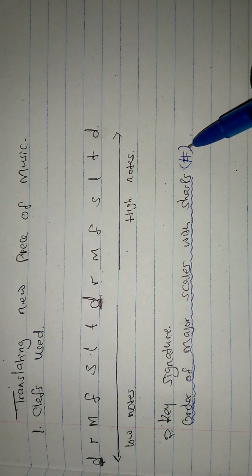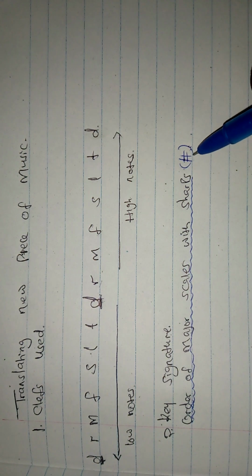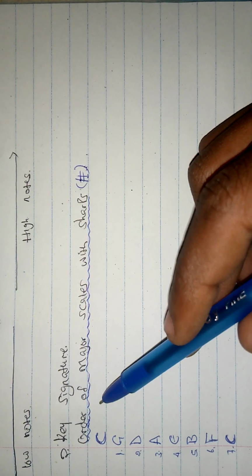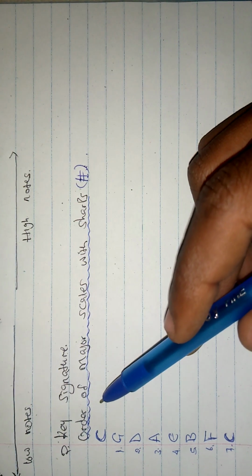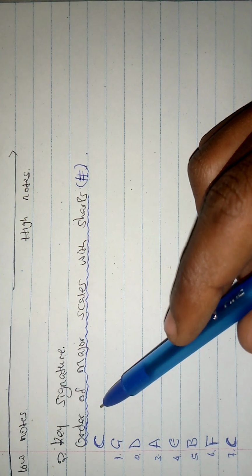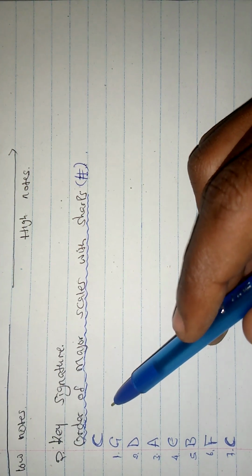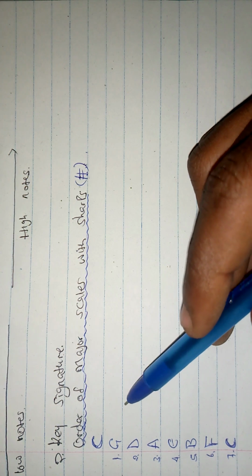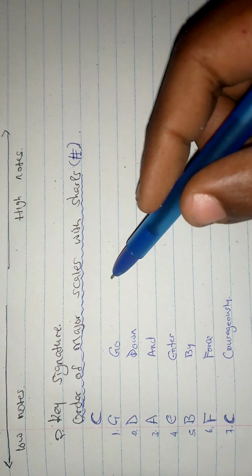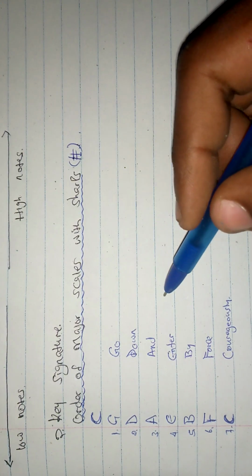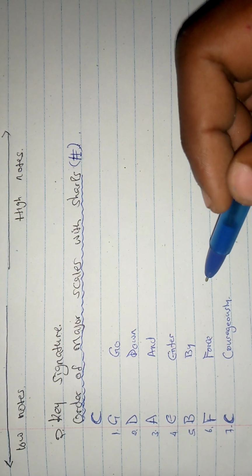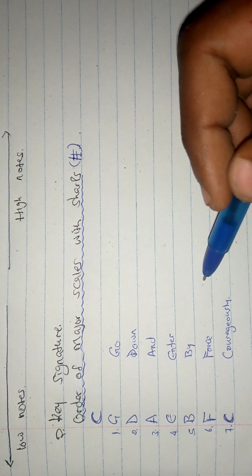The order of major scales with sharps, which is represented by this sign: we have major scale C, which has no sharps. Then we have G, which has 1 sharp, and the order follows as shown on the screen. Can say Go Down And Enter By Force Courageously. That is the order of major scales with sharps.